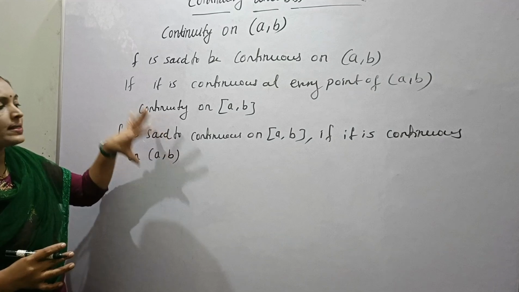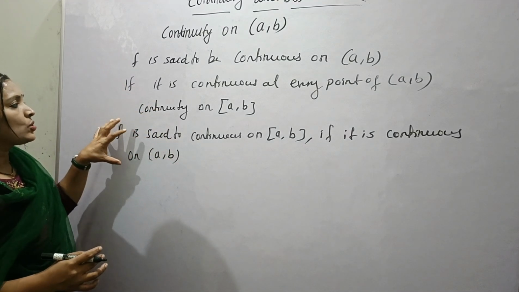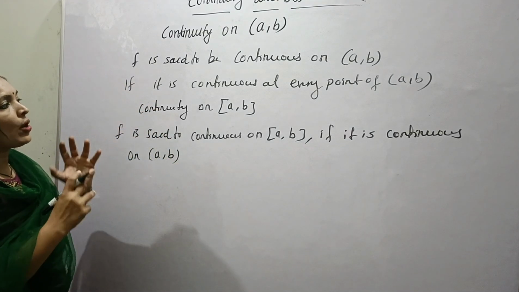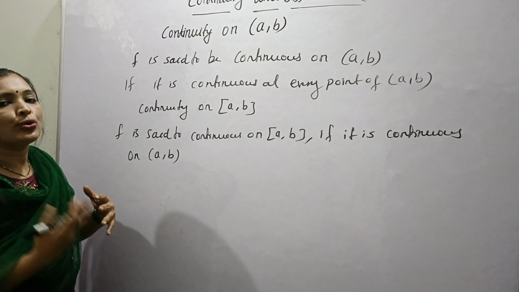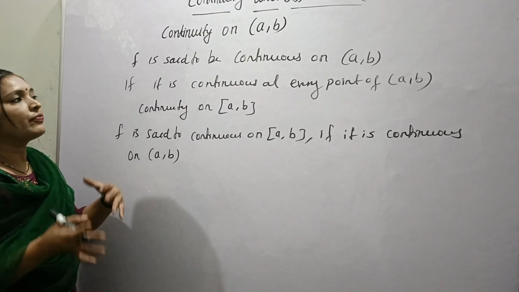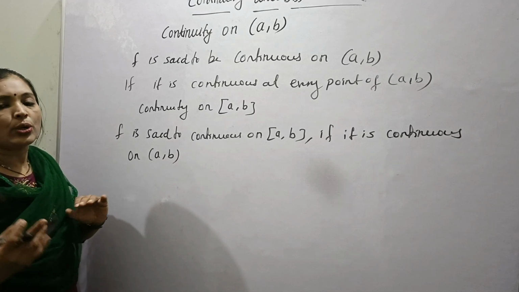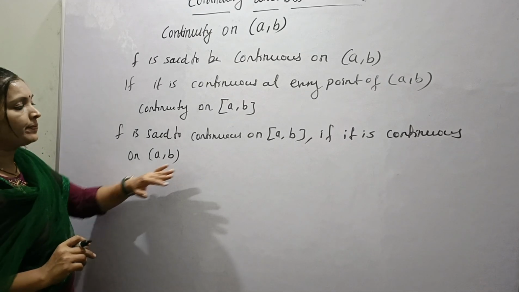You have to study this definition, okay? So see what is the continuity on closed interval AB and continuity on open interval AB. So how you have to determine the given function is continuous on open interval and closed interval.